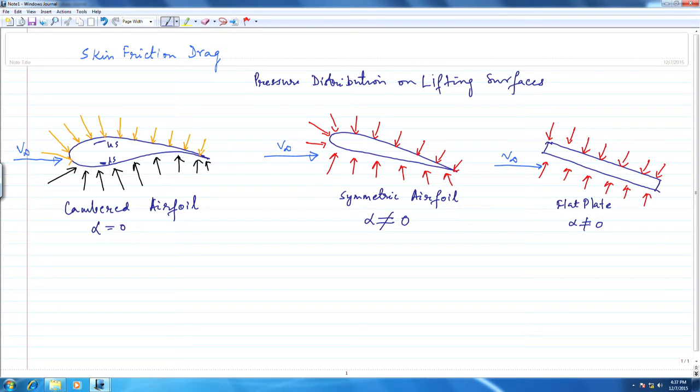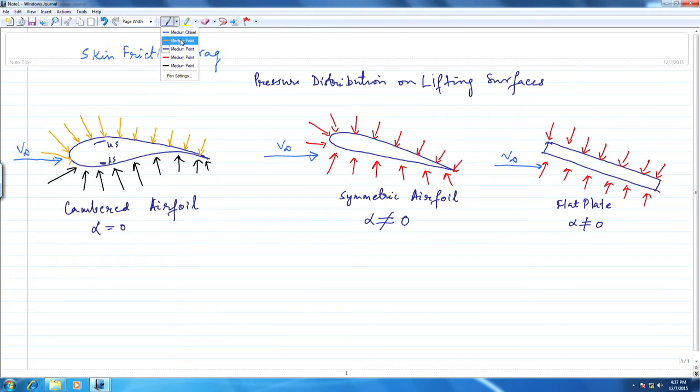Of all these three, the symmetric airfoil and the flat plate will not lift without an angle of attack. In this particular case, it does have an angle of attack. The cambered airfoil, however, due to its shape, which is different from this airfoil, will lift even at 0 degrees, because due to its shape, the differential pressure is created.